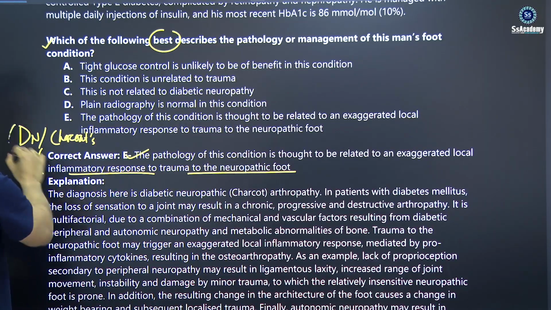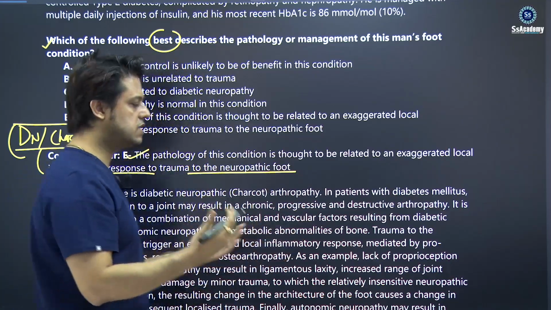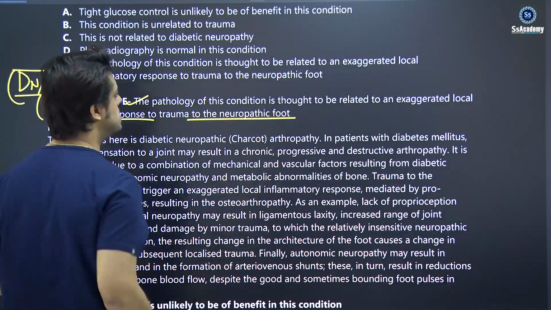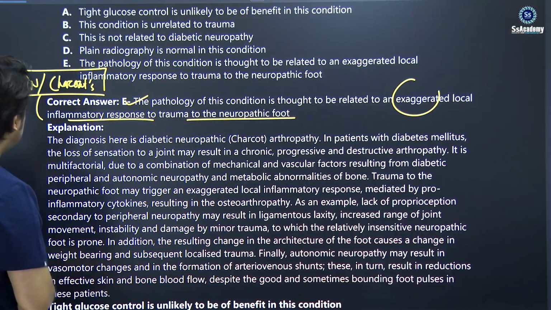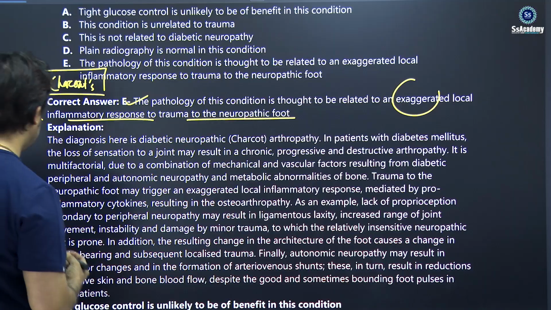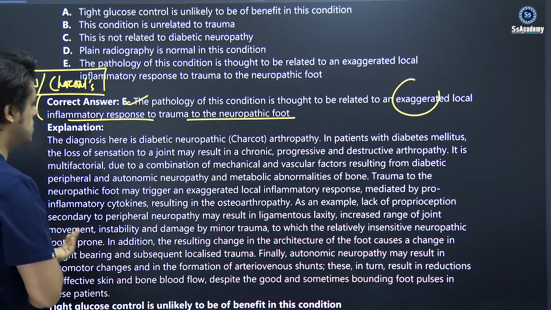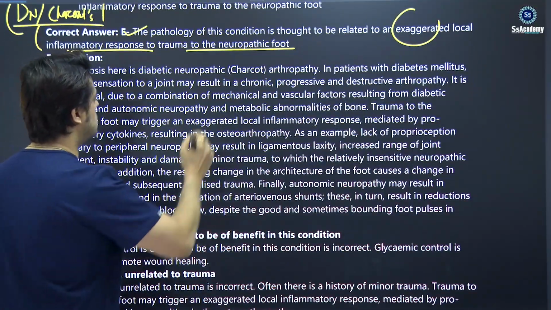Simple questions. If you just read it, write a single line in your notes and learn it by heart: the condition is thought to be related to an exaggerated local inflammatory response. So yes, Charcot's joint, my dear. Let me discuss a little bit further. Good discussions are here regarding Charcot's joint and Charcot's arthropathy. The diagnosis is diabetic neuropathic Charcot arthropathy.